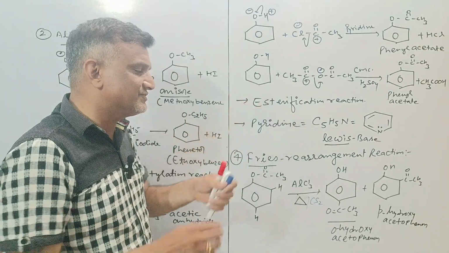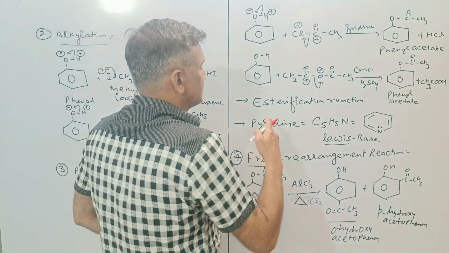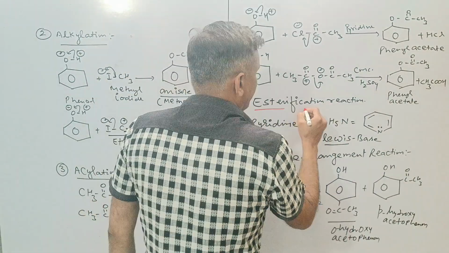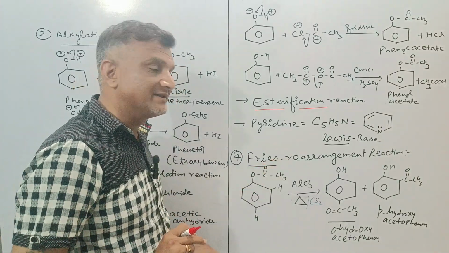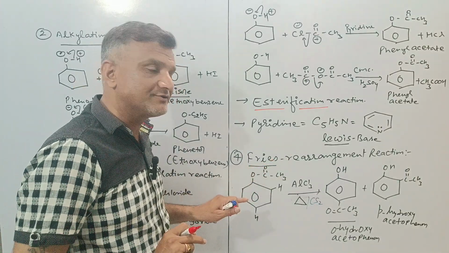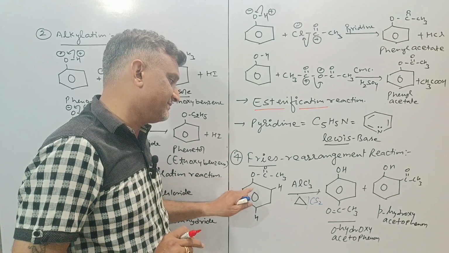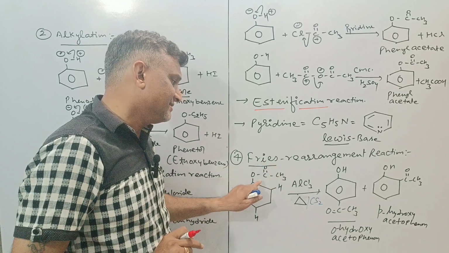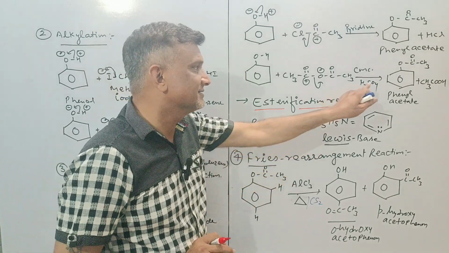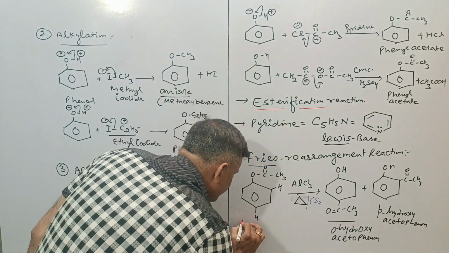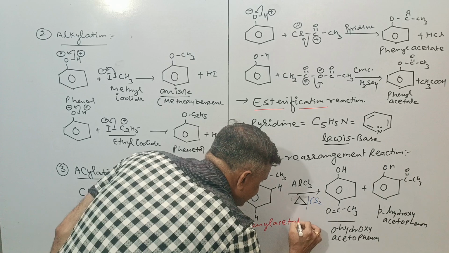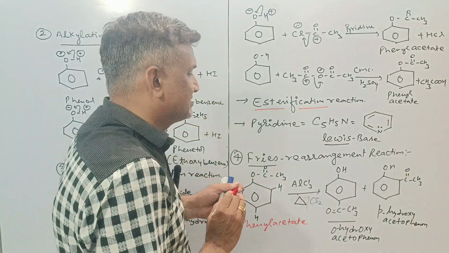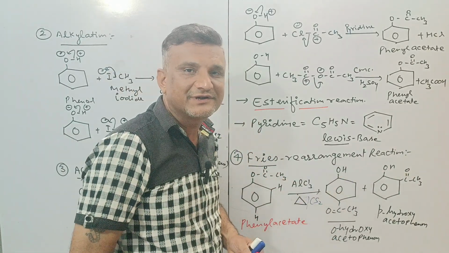It is also called an esterification reaction because an ester is formed. The Fries rearrangement is a naming reaction, and it is also a rearrangement reaction. Phenyl acetate, which is an ester, changes into a ketonic structure as ortho and para hydroxy acetophenone.